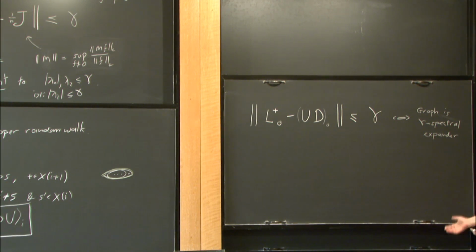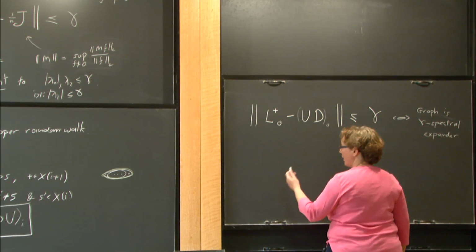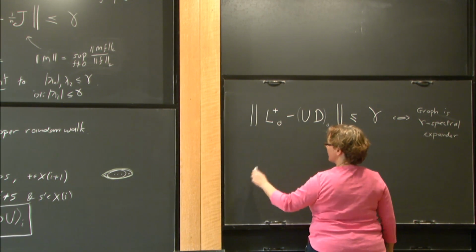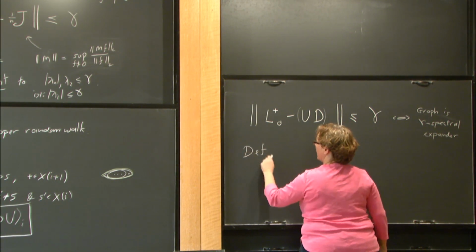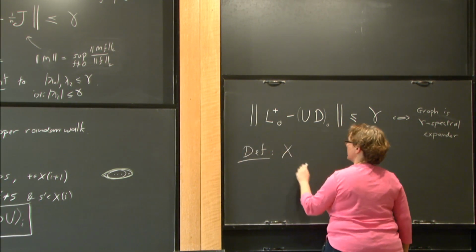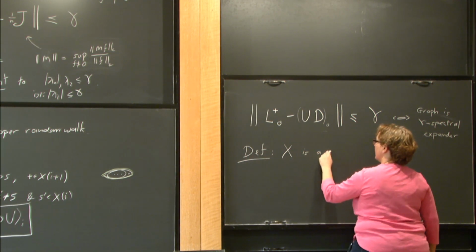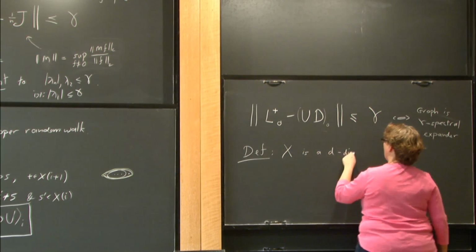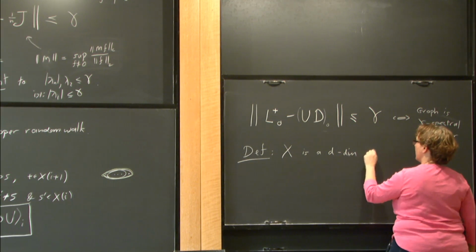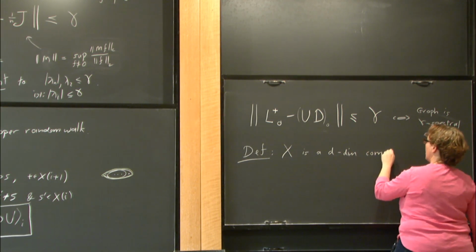Okay. So now we will generalize it by just saying for higher dimensions, you just do it for every I. So the definition: X is a d-dimensional simplicial complex.